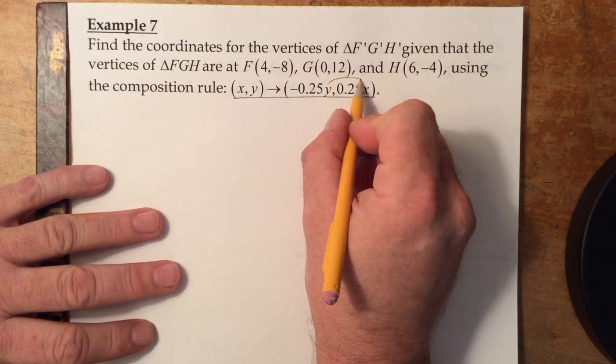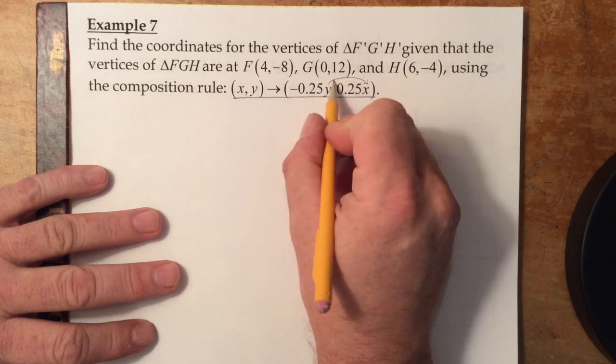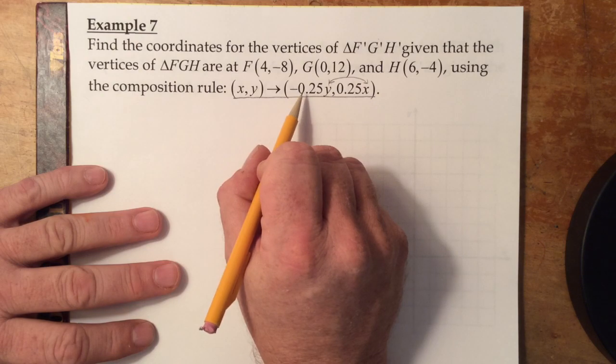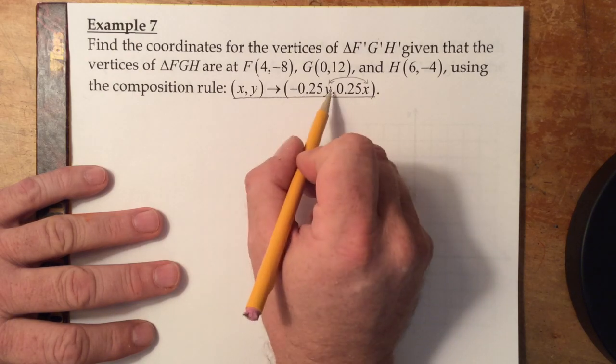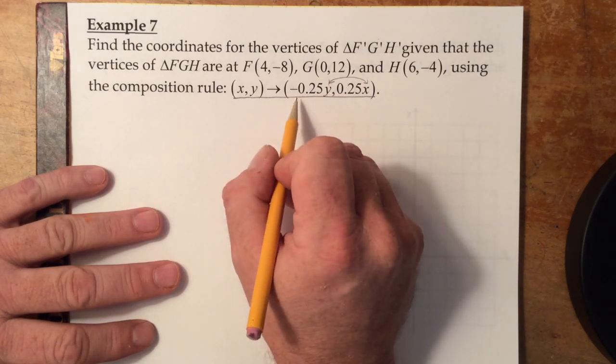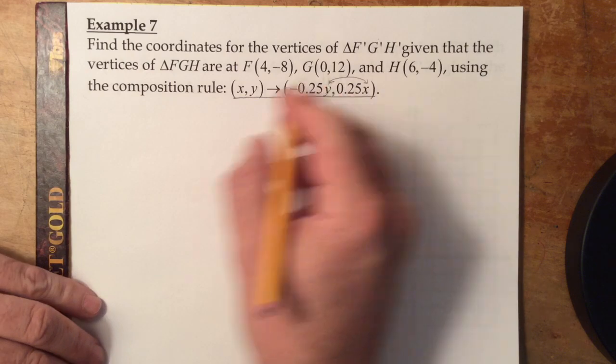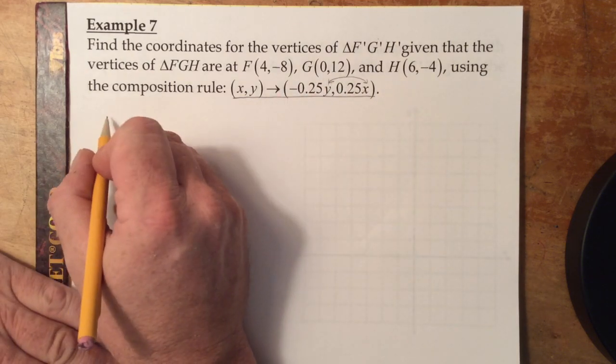Notice they've moved the x and the y into different locations. There's a negative, which implies some sort of either part of a rotation or it could be part of a reflection. Doesn't seem to be any kind of translation though. So let's see what happens. They just want us to find the ordered pairs.